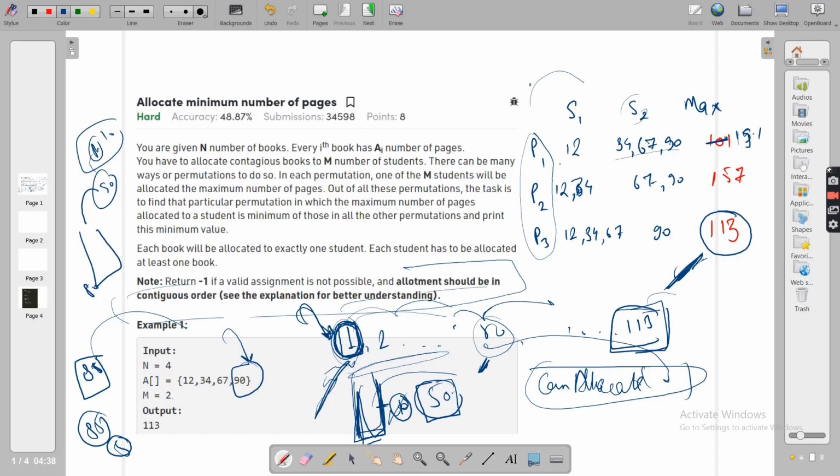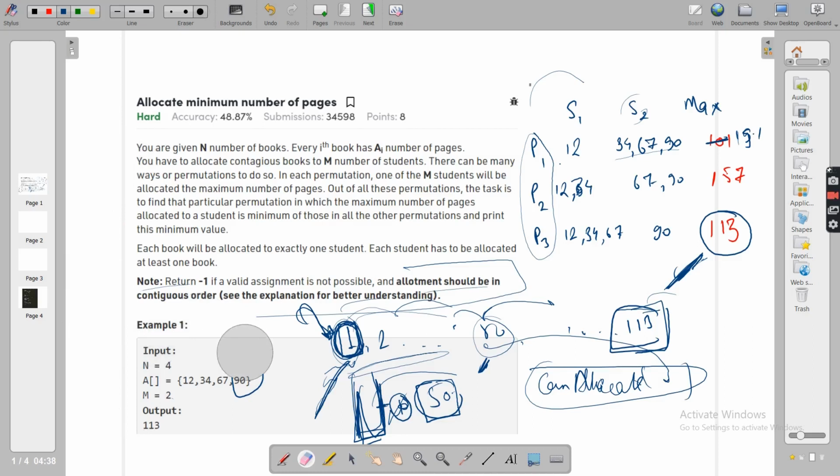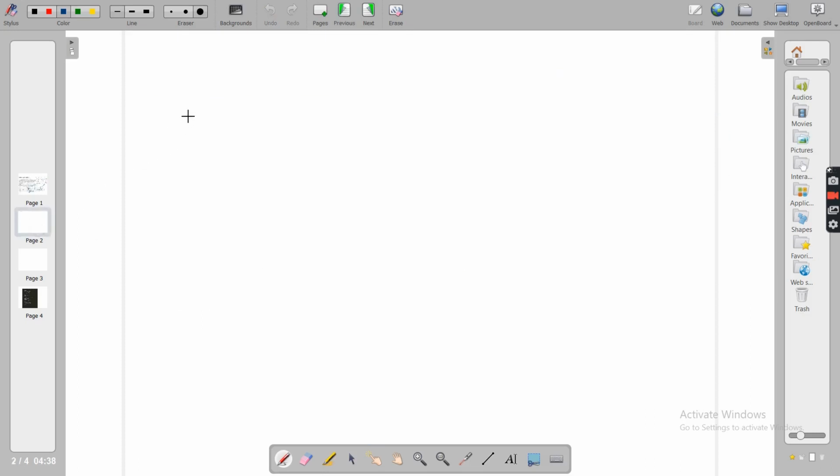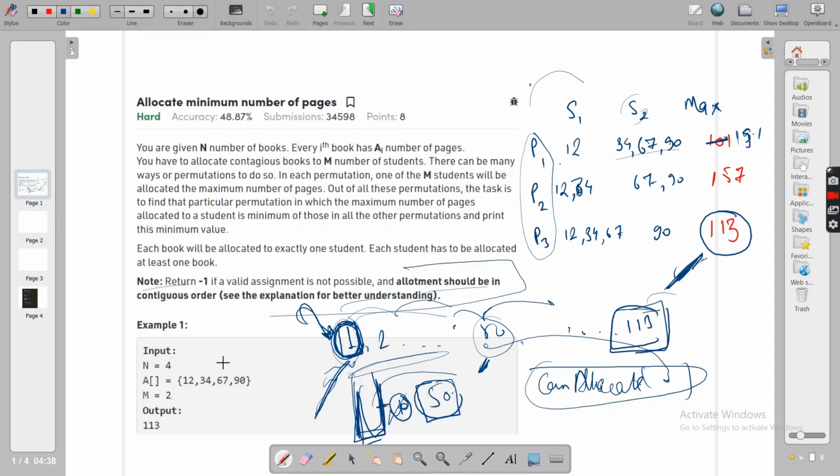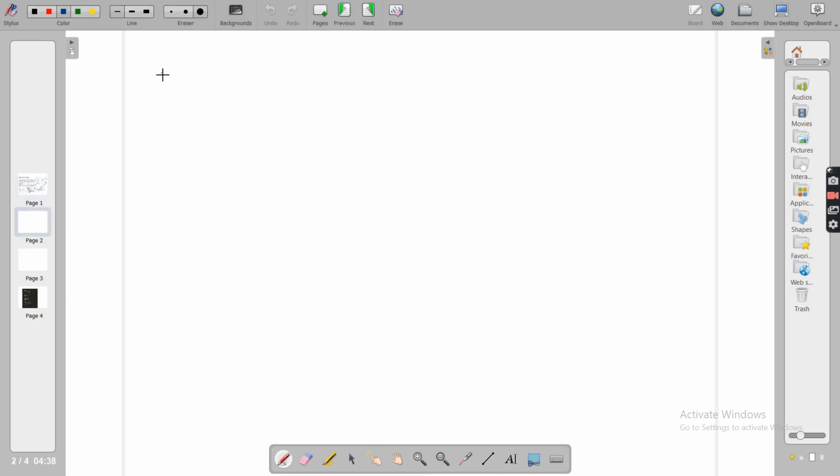Okay, so this was the case here. 90, you have to start with a container of size 90. Let us see here: 12, 34, 67 and 90. So you have to start with 90 at least.